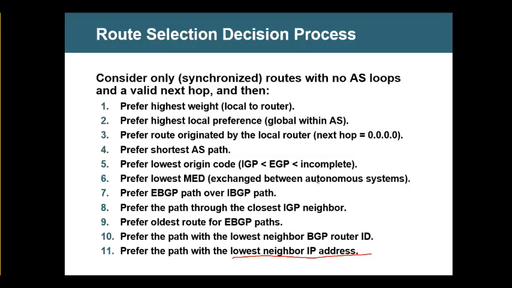Twice at least you see this. Or when I finish my lab demo, you will remember all 11 of them, because I'll be referring every now and then to this page to explain the path selection. So try to remember this in order. That will make you a hero of BGP.